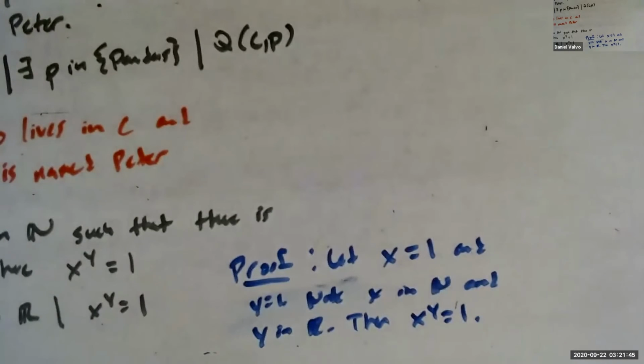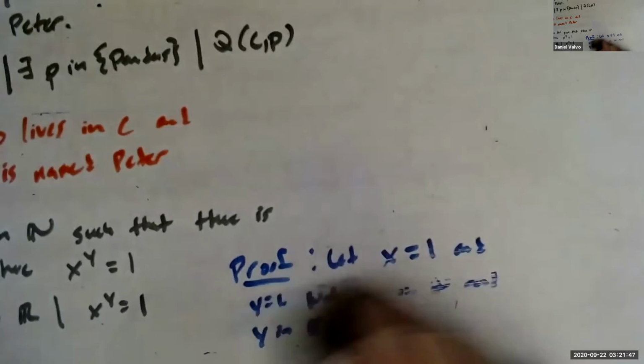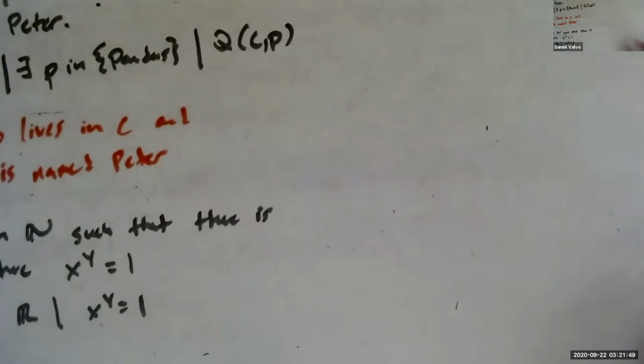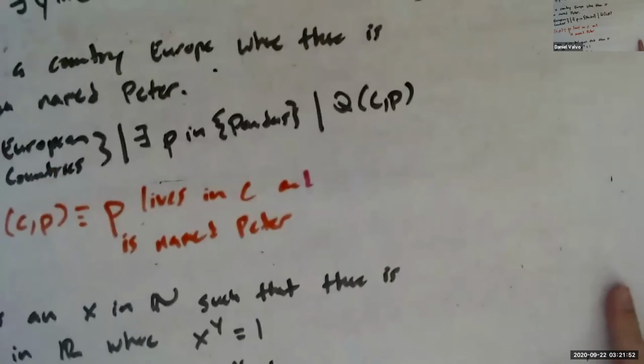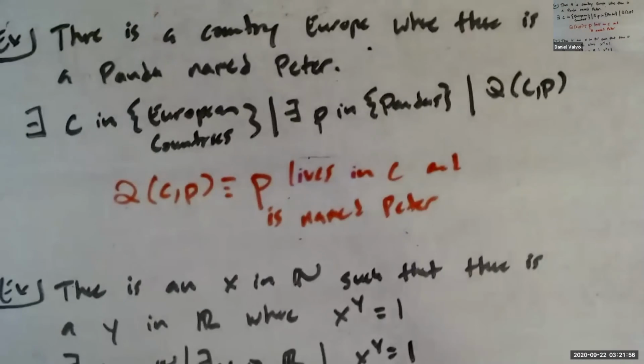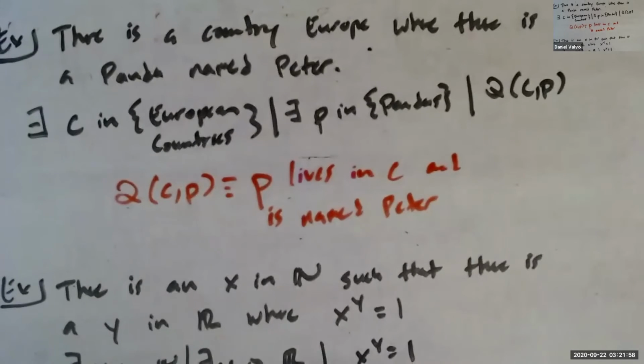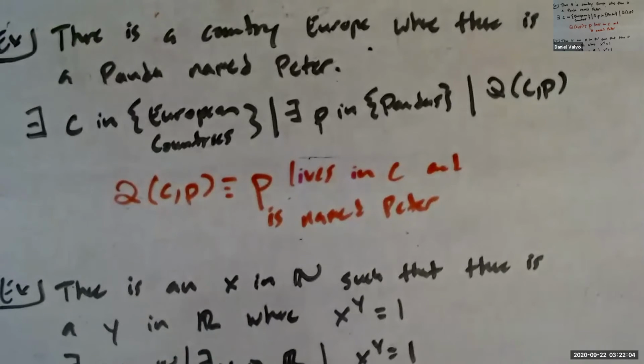Okay. Here's the key though. These there exist statements, if there's 2 there exists, did we really need the 2 there exists?